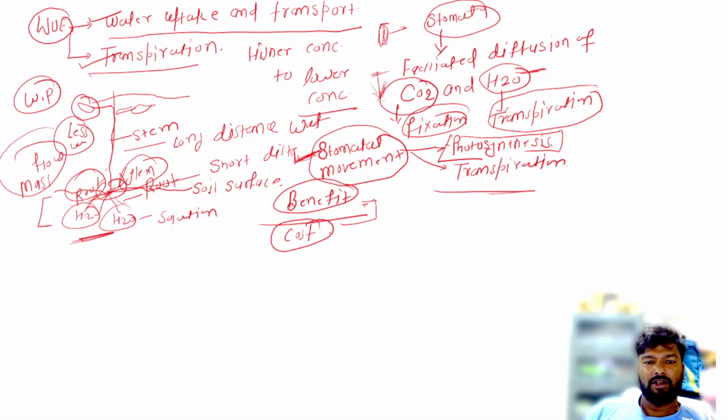So friends, you know that transpiration and photosynthesis. Okay, so transpiration is generally not a problem because this is an important process which reduces the heat load on the plant.